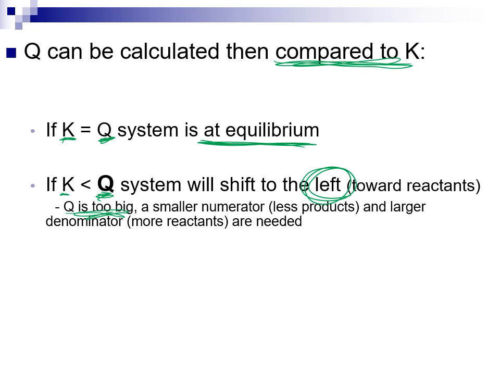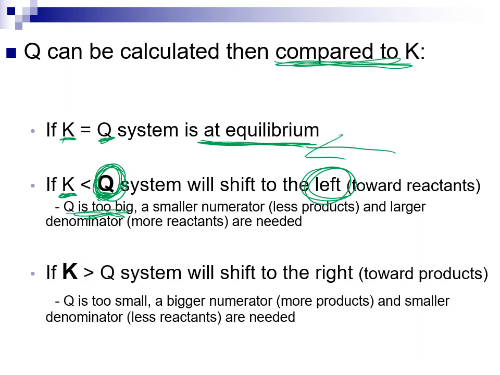It's going to have to shift to the left and consume some of those products, because we determine Q by putting the concentration of the products raised to their coefficients divided by the concentration of the reactants raised to their coefficients. So that number ends up being too big compared to what it should be at equilibrium. That's essentially saying that we've got too many products. So to get rid of that, we're going to have to shift to the left.